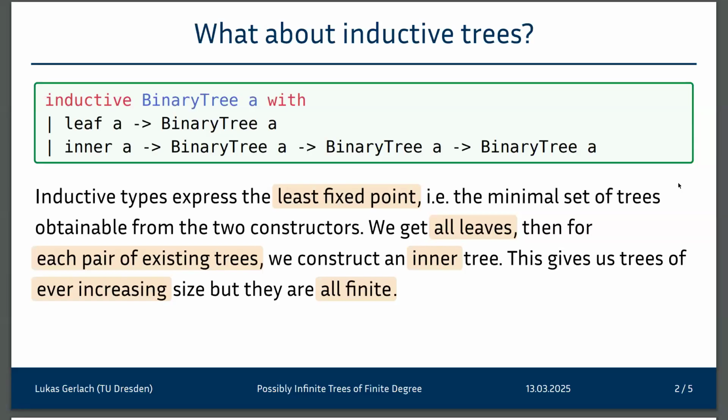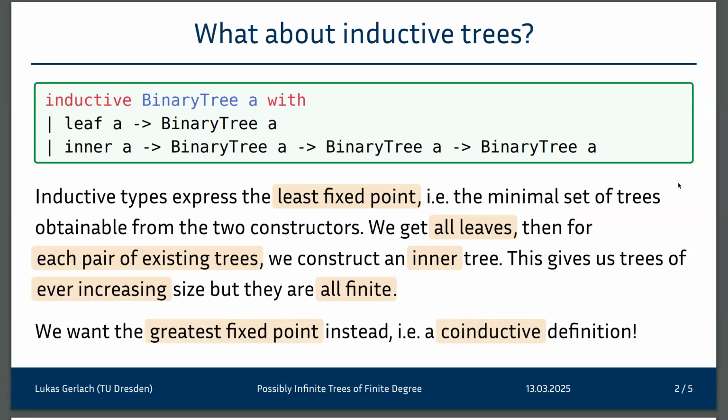So what we need to formalize infinite trees is actually some kind of co-inductive definition. At least it would be something that we need, which corresponds to the greatest fixed point, right? Then we would basically also get the infinite trees, which we can decompose by either of the two constructors.